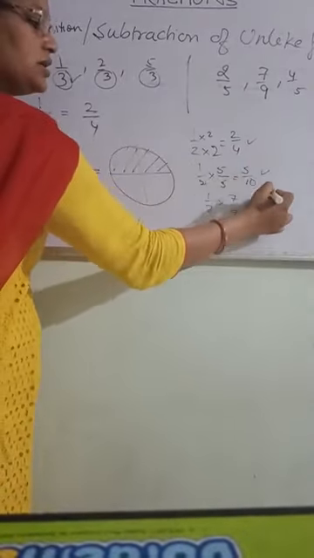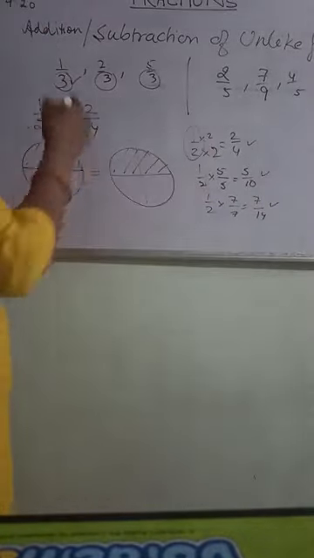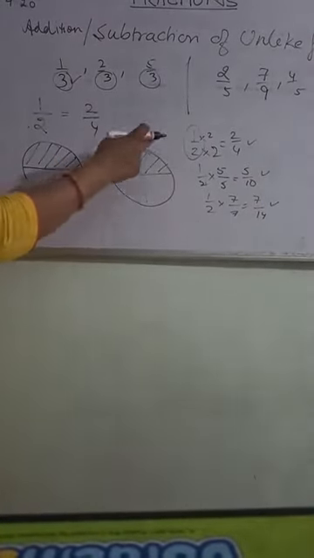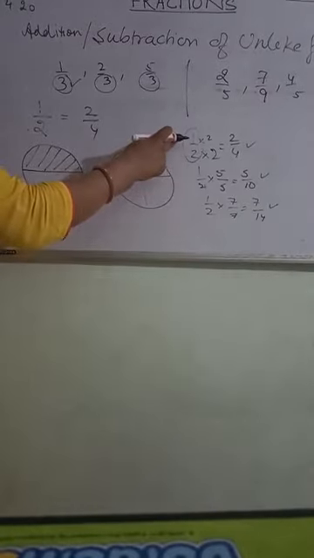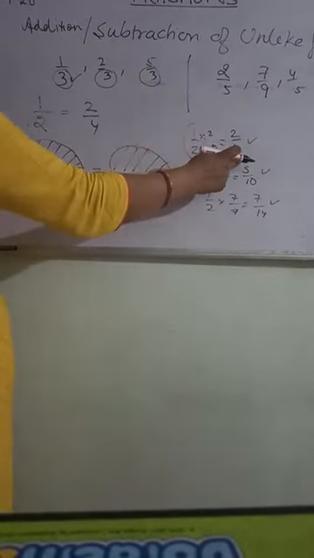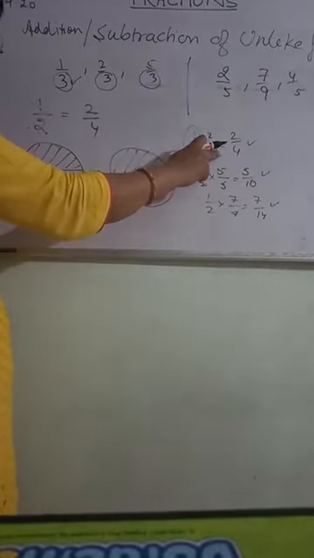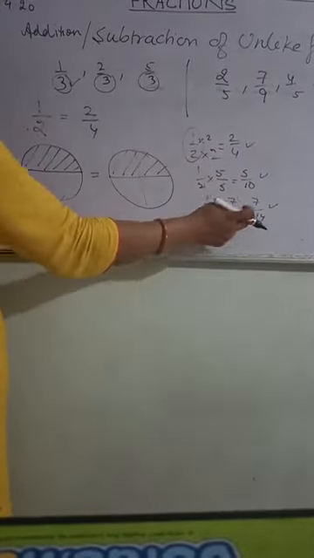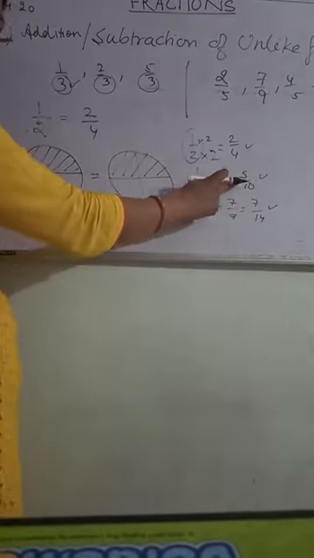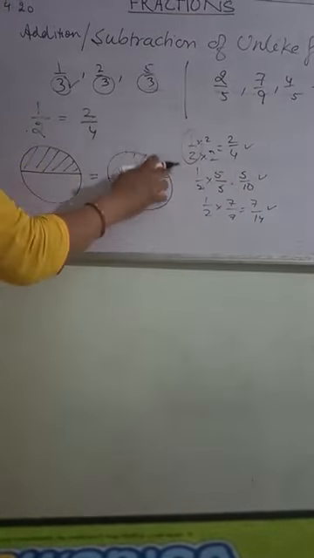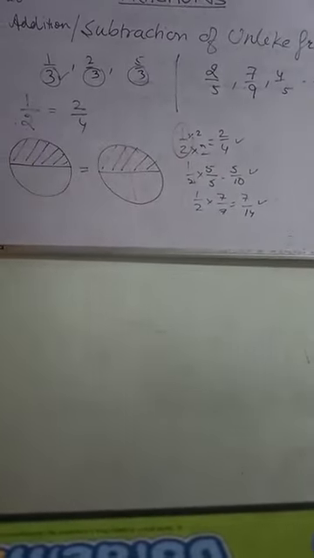These all are equivalent to 1 by 2. Out of 2 I am taking 1, half. Out of 4 I am taking 2, half. Out of 10 I am taking 5, half. Out of 14 I am taking 7, so half. So these all are equivalent fractions.